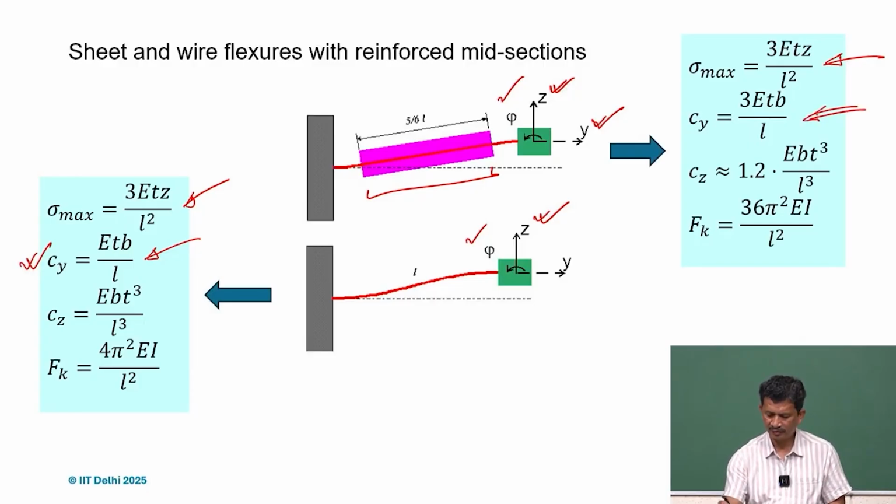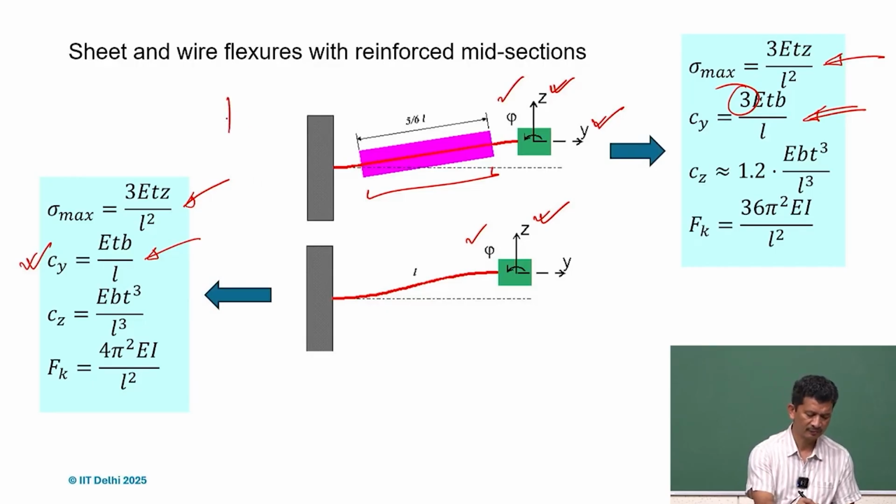When it's reinforced, it increases by 3 times. If we look closely, the effective length is 1 by 6 L and 1 by 6 L, so 2 times L by 6, which is L by 3.